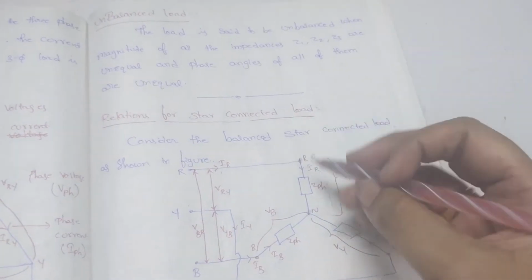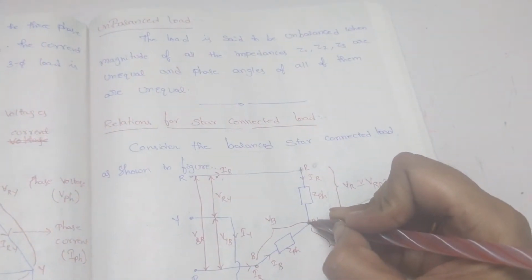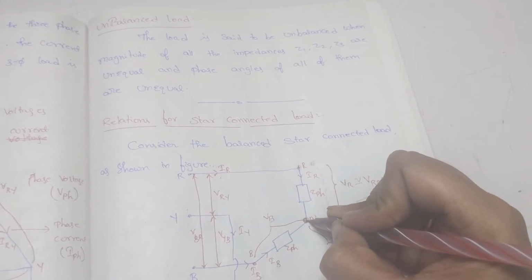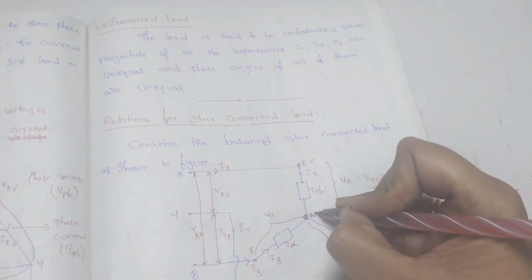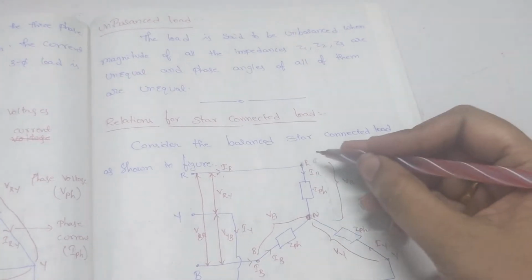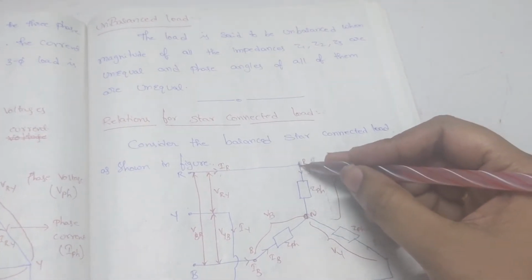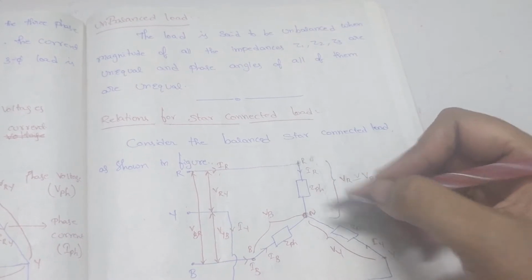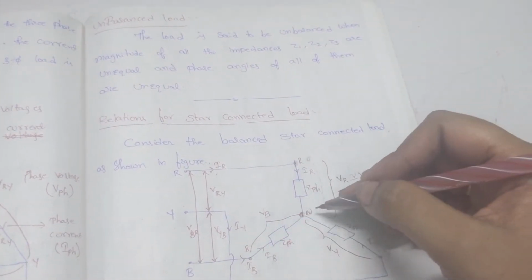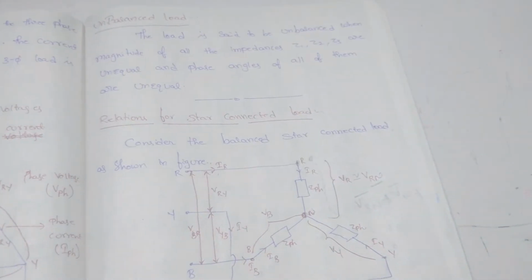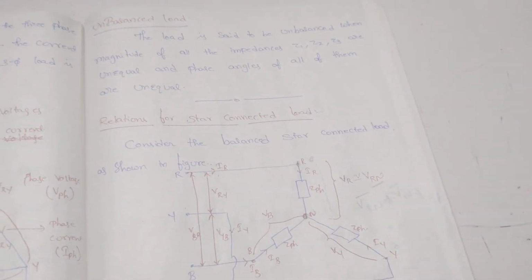If you observe this, all the impedances are connected at a point, that is the neutral. With reference to this, from R to N we call it the R phase, Y to N the Y phase, and B to N the B phase. The ending terminal we consider.